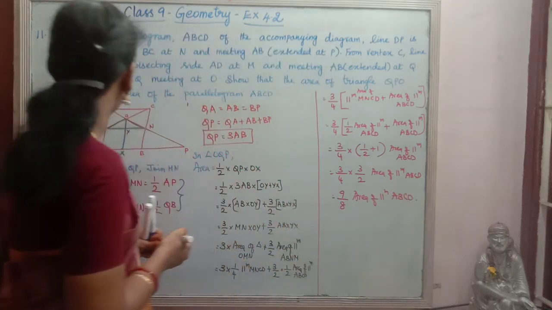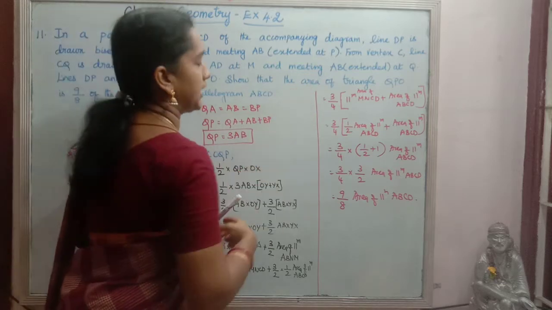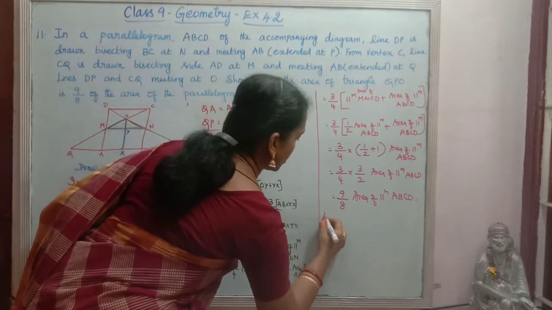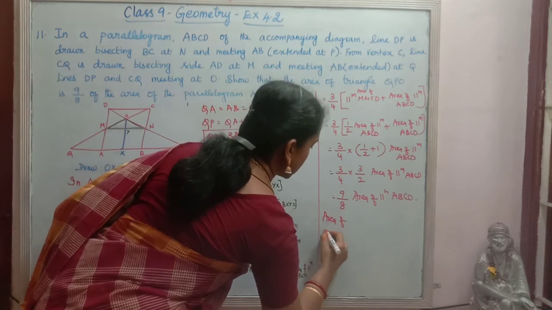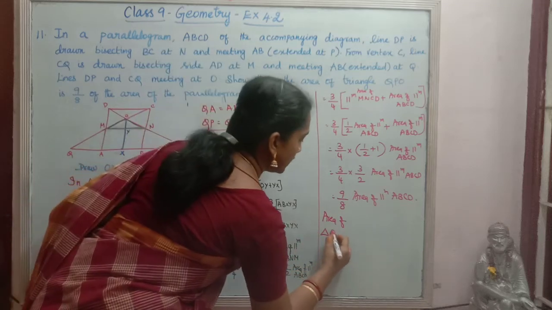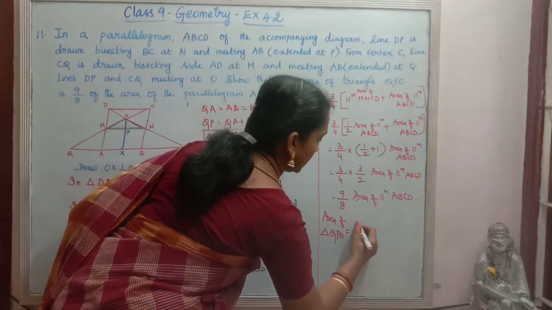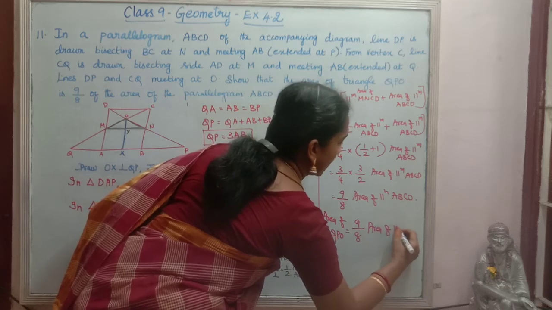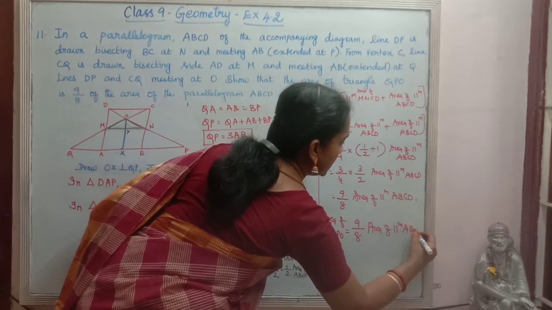So what did we get? What are we asked to prove? The area of triangle QPO is equal to 9 by 8 of the area of parallelogram ABCD.